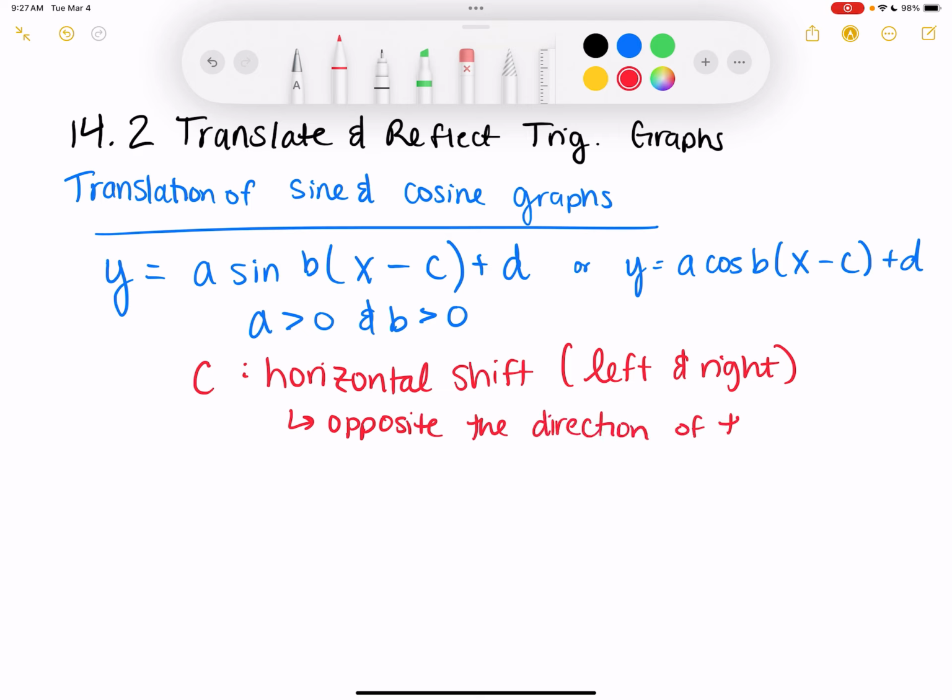So if it is positive, it goes left. If it's negative, it goes right. So in the general form, the minus c is telling me that I'm going to the right.